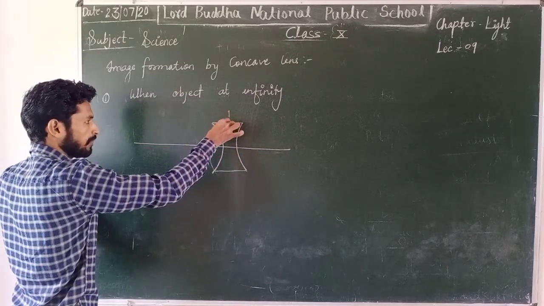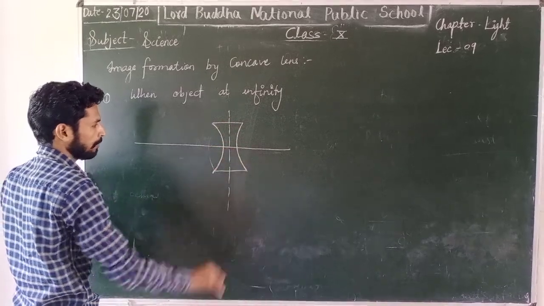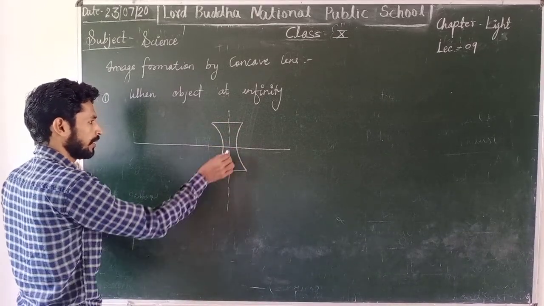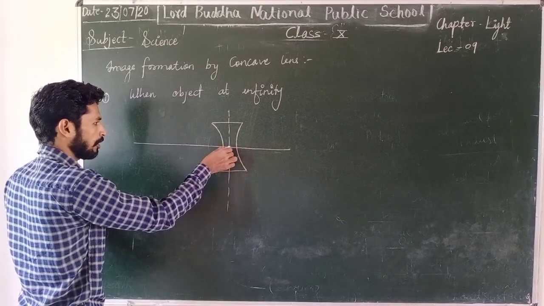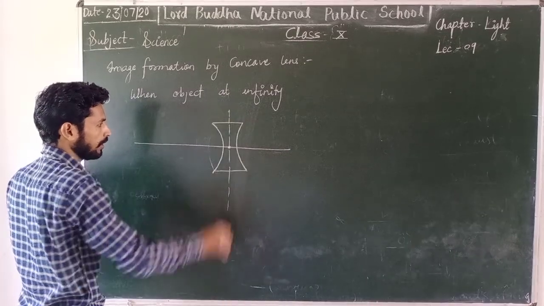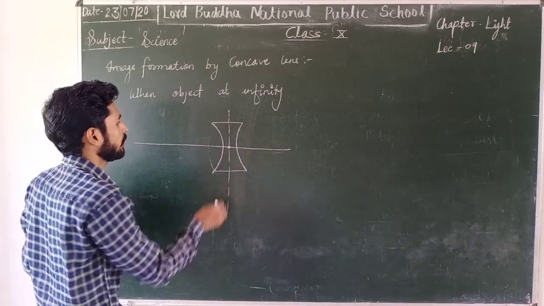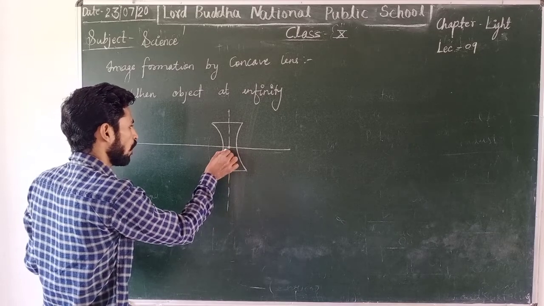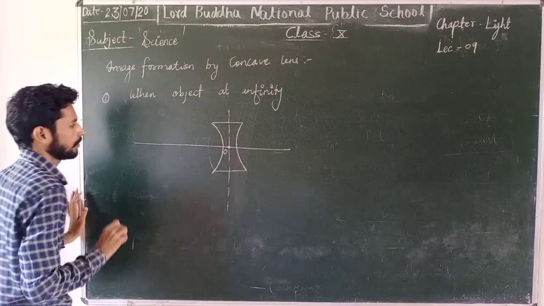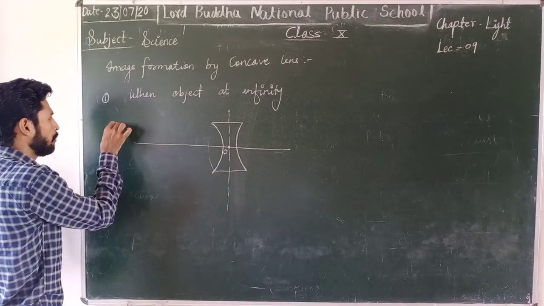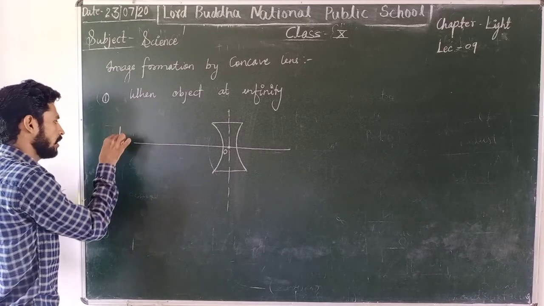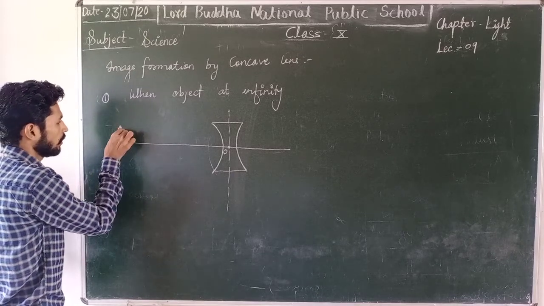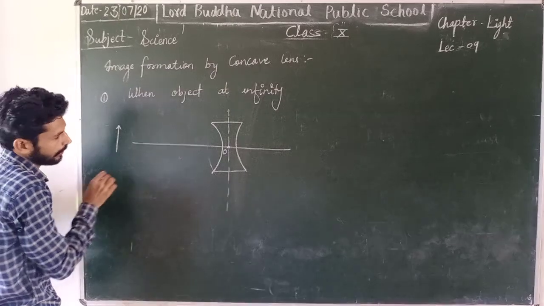Now from the midpoint of this lens draw a plane, that is the optical plane, and the point at which the optical plane cuts the principal axis is the optical center O, and we are putting the object here at infinity.